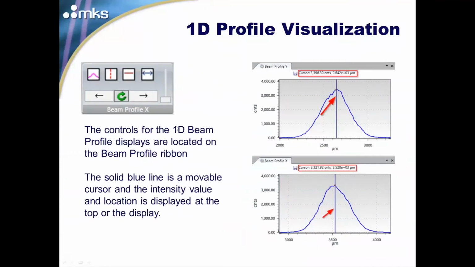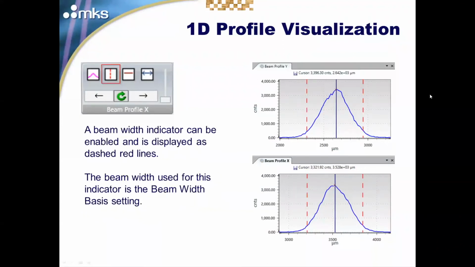The controls for the 1D beam profiler are located on the beam profile ribbon. By default, the solid blue line that you see in the profile is a movable cursor, and the intensity value and location of the cursor on the sensor is displayed at the top of each beam profile window. There's a separate window for both the X and the Y.